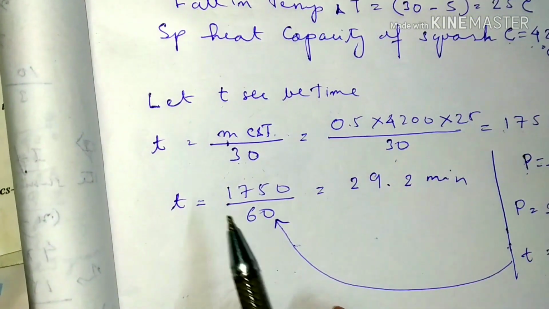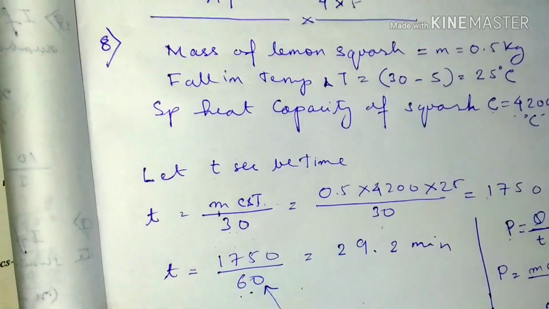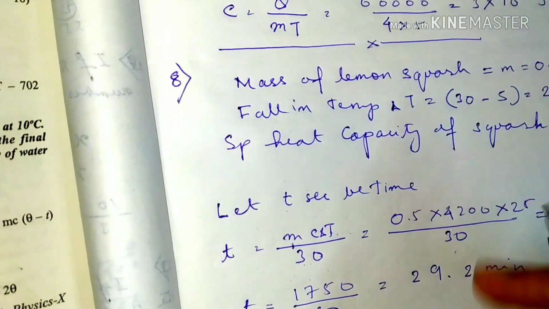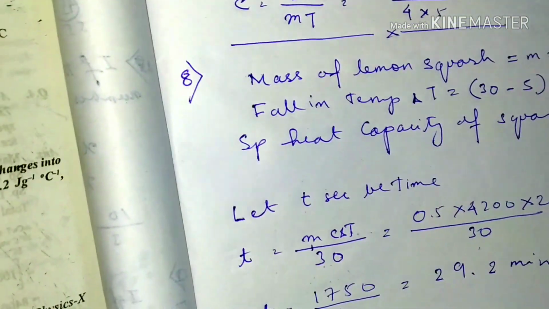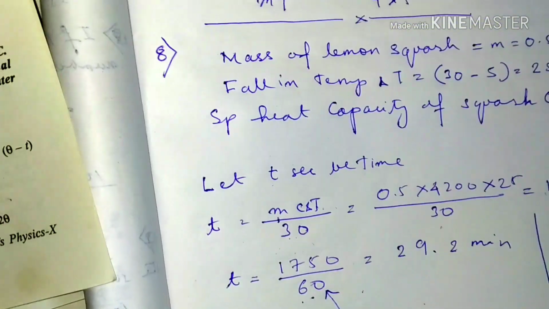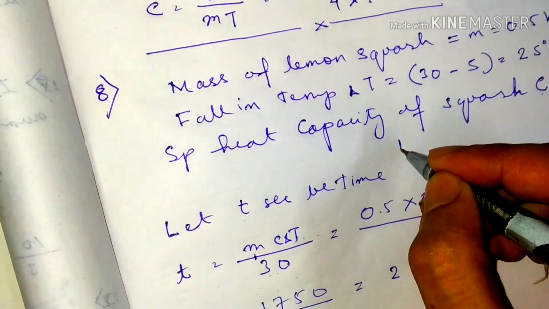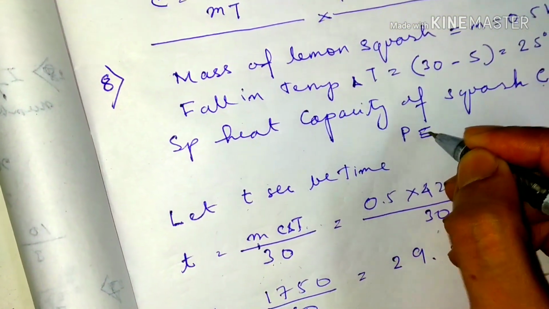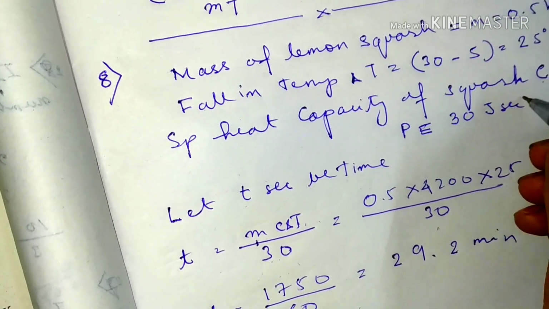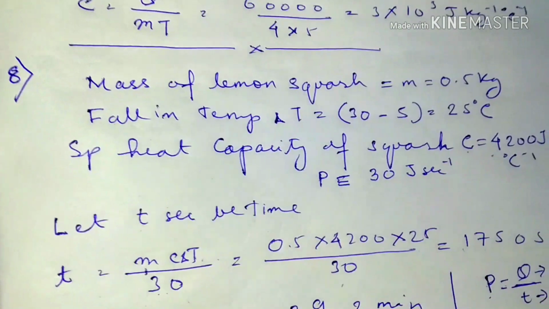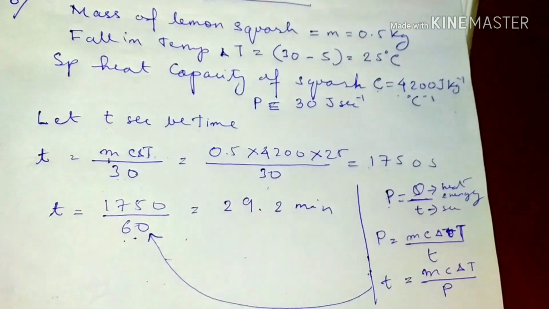After that we have converted it into minutes by dividing by 60. I've mentioned everything, okay, I've missed one thing, that's the average rate. Yep, we are done with the sum. Let us proceed to the next one, sum number 9.